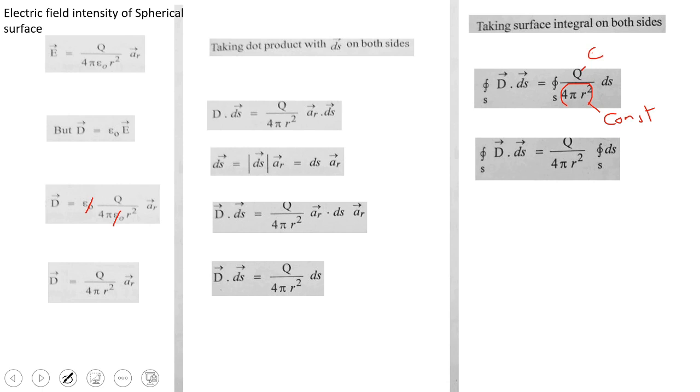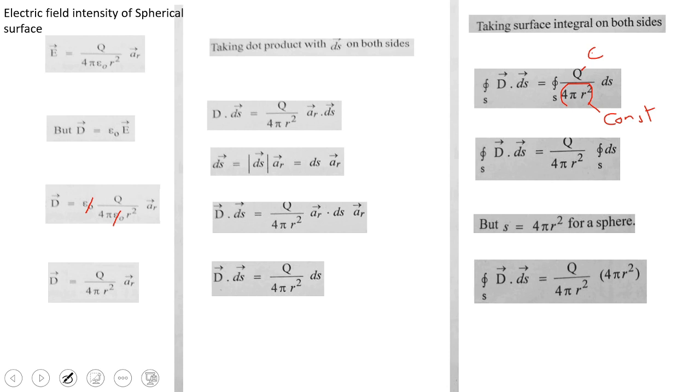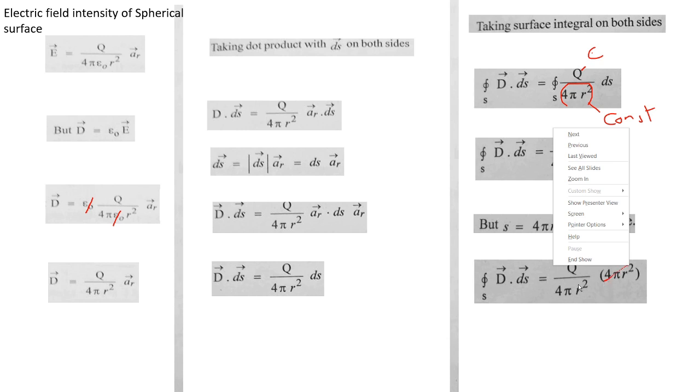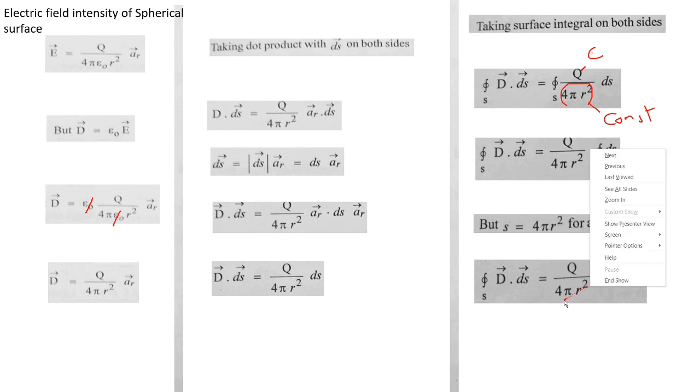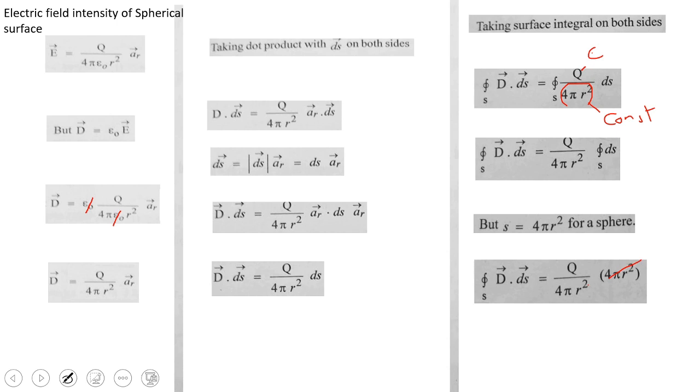What is the surface integral of ds of a sphere? Surface integral means it's the full area. So what is the area of a sphere? 4 pi R square. So substitute in the above equation. 4 pi R square will get cancelled.